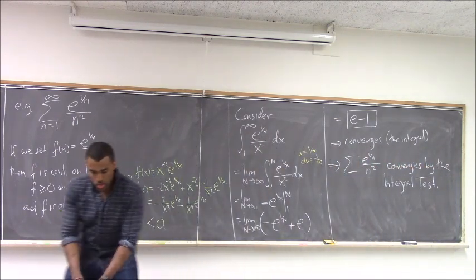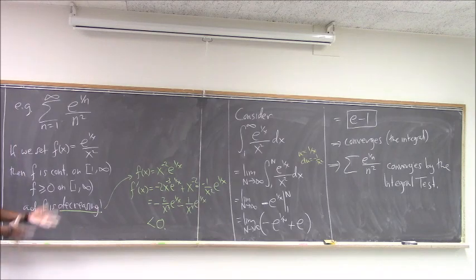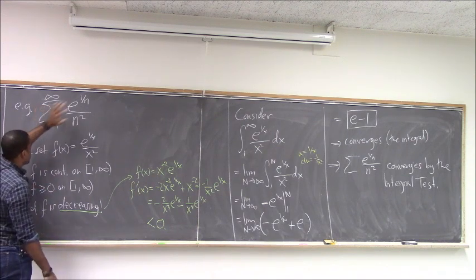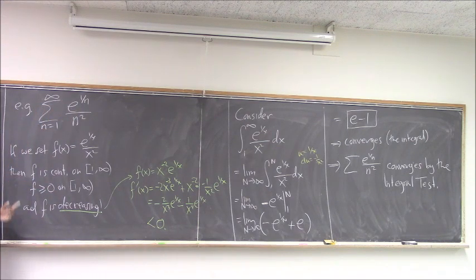So there are times when you have a series. I can't tell you a general form for it like I could the geometric series. It's going to look like whatever. You have a series of something where you notice these three things. It's continuous on this interval. It's always going to give me positive outputs. And it's actually a decreasing function.